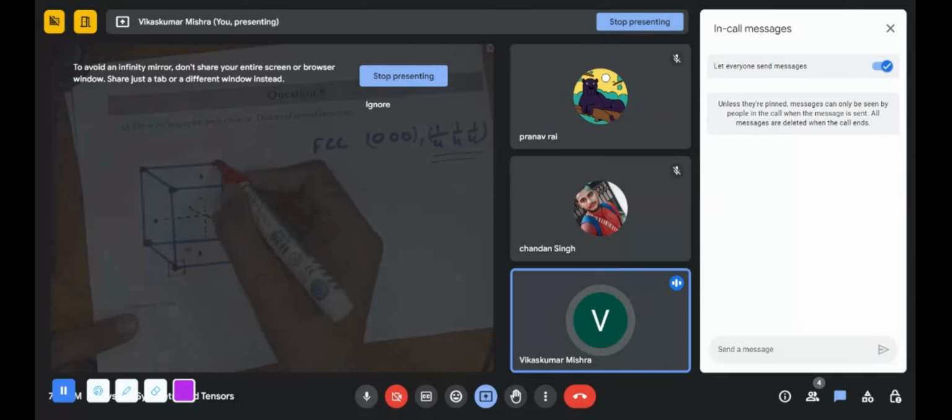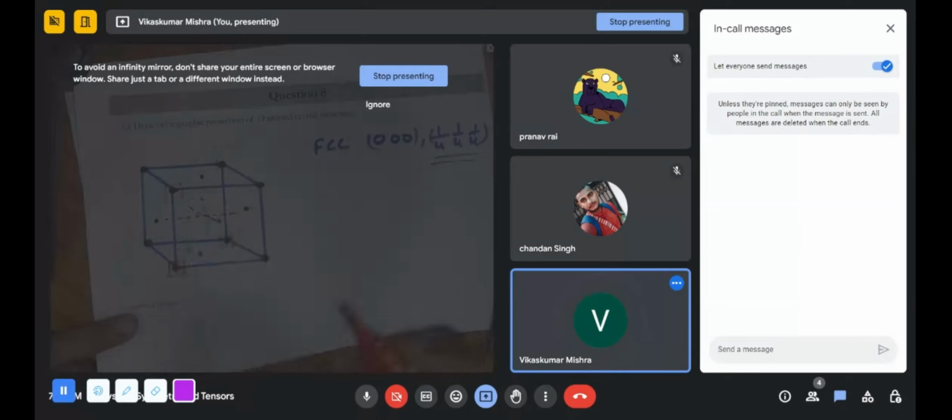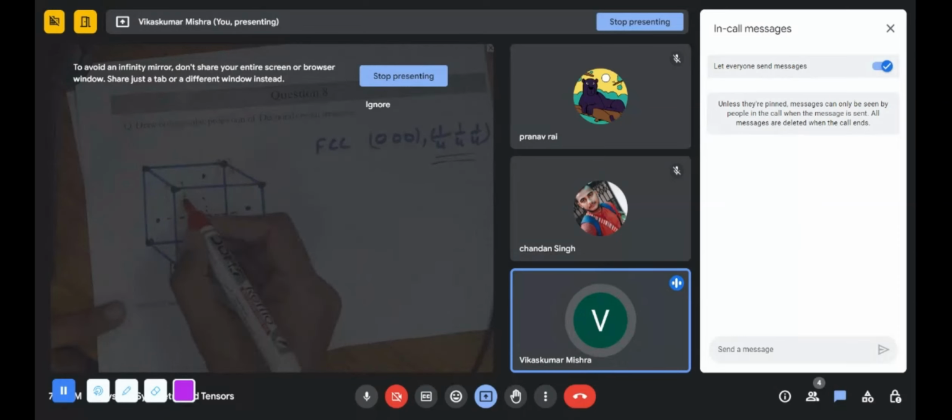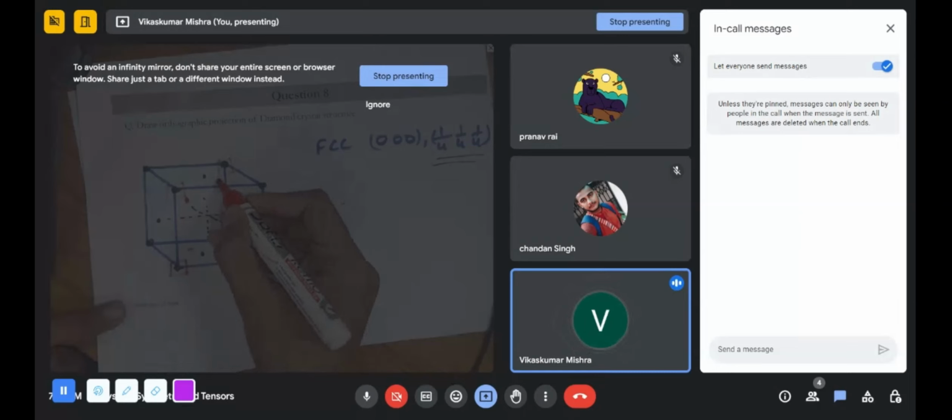And here also atoms are associated, in front of these. So there will be one more carbon atom over here, just in front of this also it will be there, and in front of this also. And that's how the diamond structure will look like.